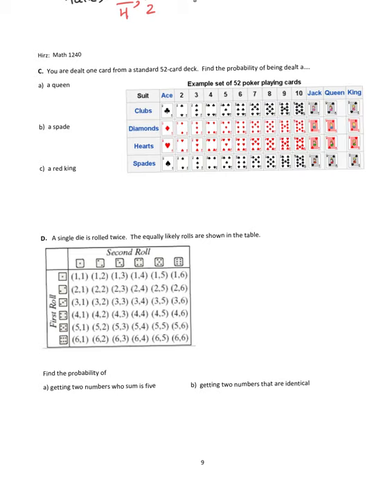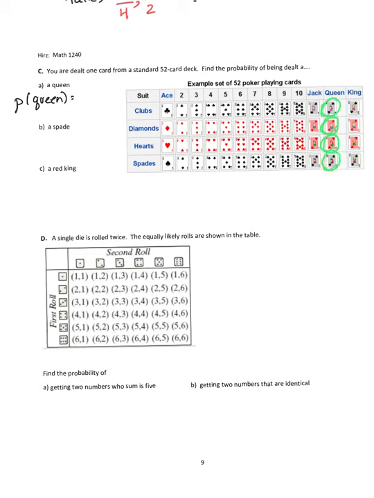So let's see, our next question says you are dealt 1 card from a standard 52 deck. Find the probability of being dealt a queen. Okay, so when we look at the deck, we see that here are our queens. We have a queen of clubs, a queen of diamonds, a queen of hearts, and a queen of spades, right?